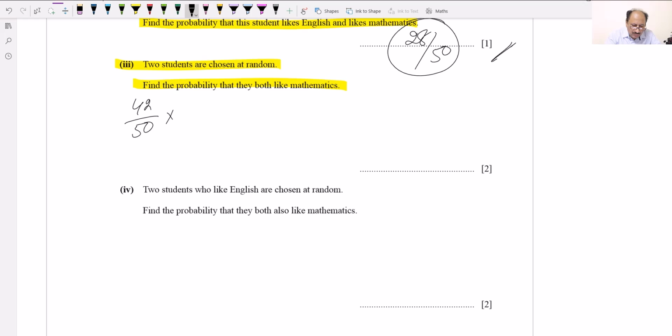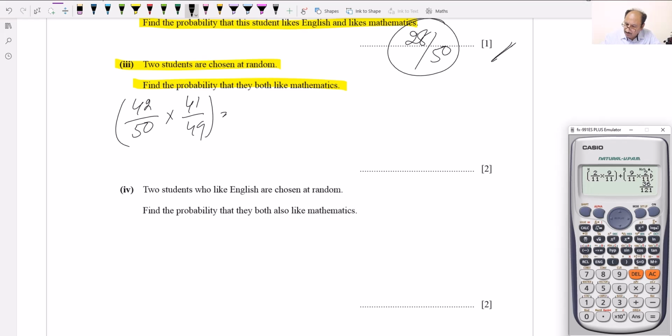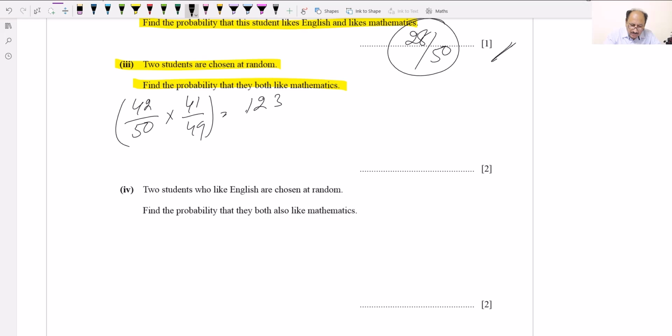Now next will be one less, so it will be 41 out of 49 of the total, and we can calculate this will be 42 over 50 multiplied by 41 over 49, and this will result in 123 over 175. This will be our final answer for 2 marks.